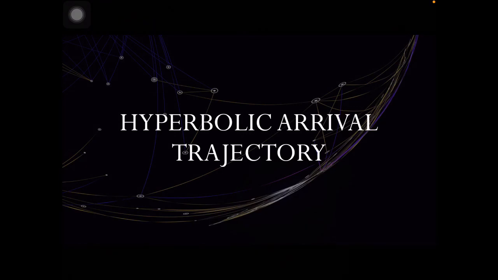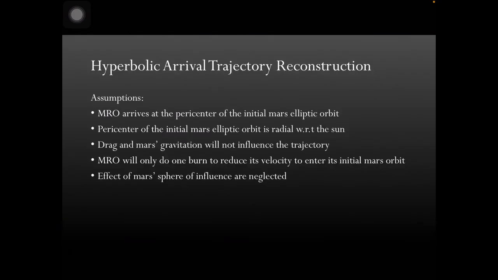For the reconstruction of the hyperbolic arrival trajectory, a similar procedure to that of the hyperbolic escape trajectory can be implemented. But first, the assumptions used for the reconstruction are defined. The first is that the MRO arrives at the pericenter of the initial Mars elliptic orbit.